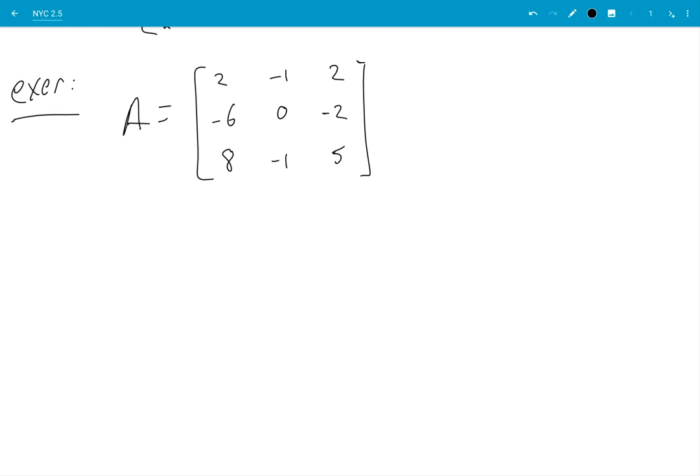Okay, give that a try. Find L and find U. So pause and try that.